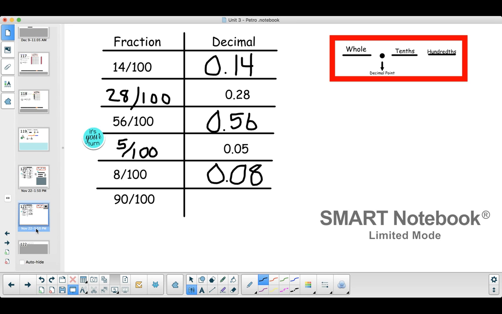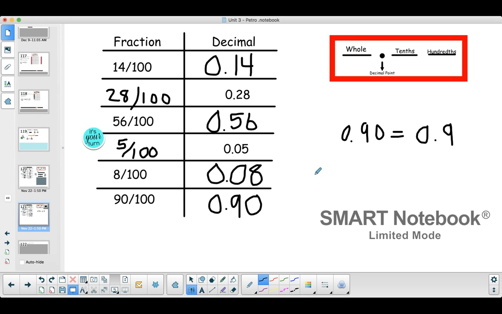All right, and 90 hundredths would be written as 0 and 90 hundredths. Now, 0 and 90 hundredths is equivalent to 0 and 9 tenths. These are equivalent decimals.